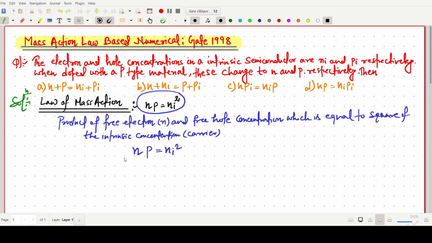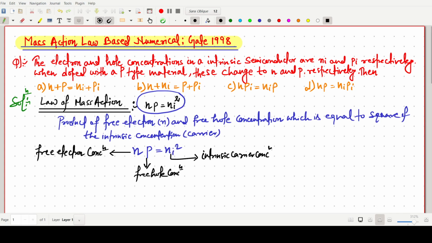Here N is the free electron concentration, P is the free hole concentration, and Ni is our intrinsic carrier concentration.